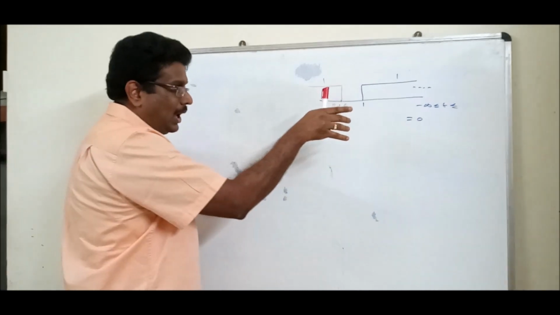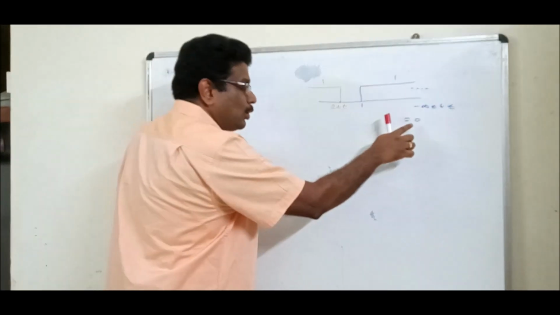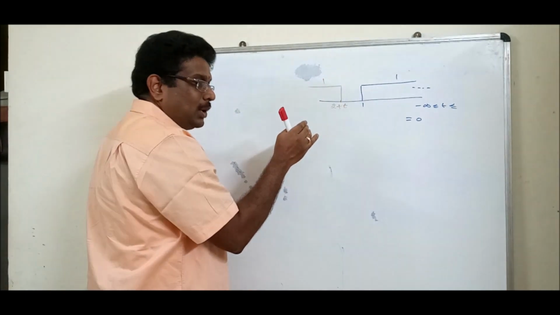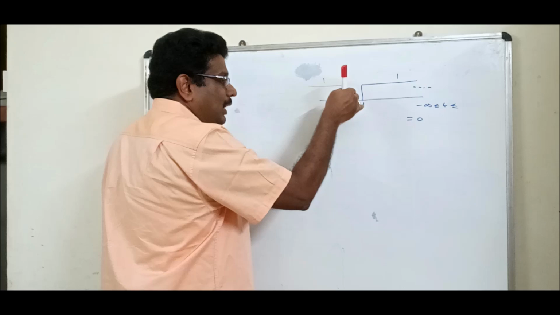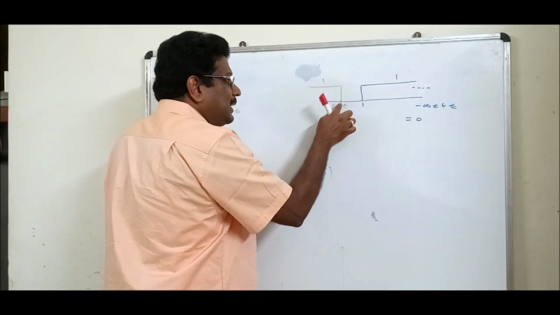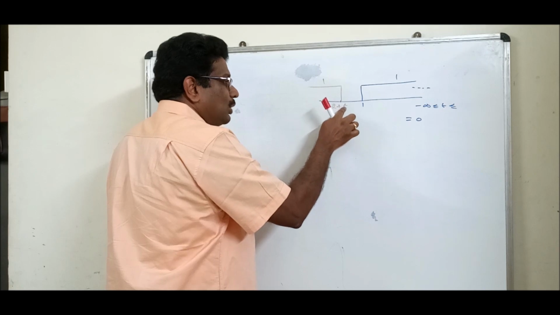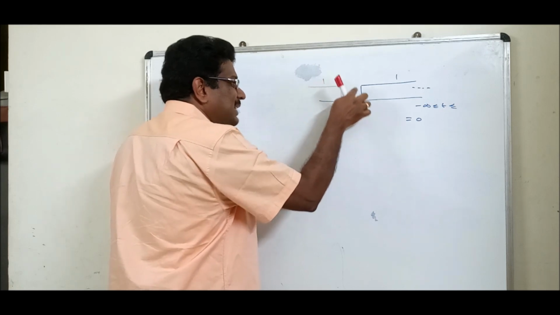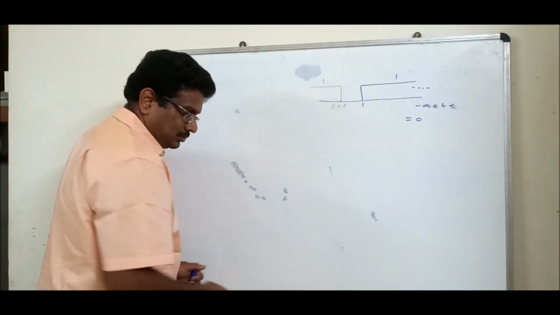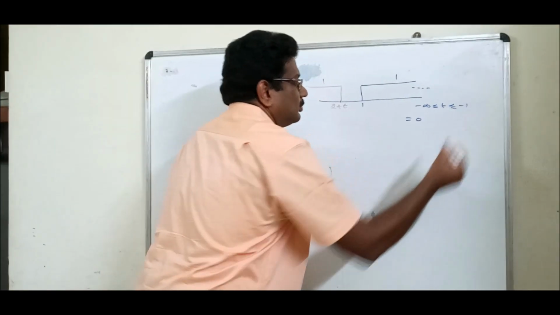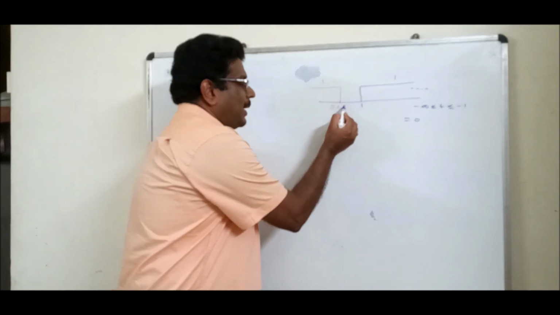Am I right? Up to where there is no answer, it should touch. What should be the t value so that this signal will touch this one? Come on. Minus 1. If you put 2 minus 1, that is 1.